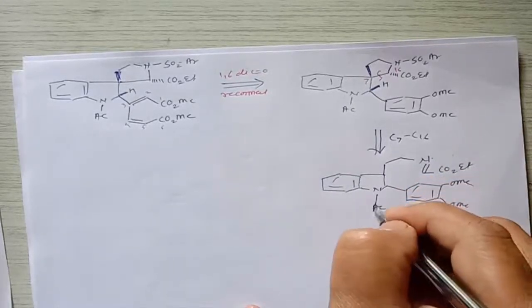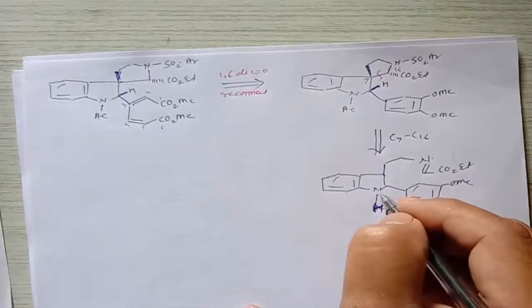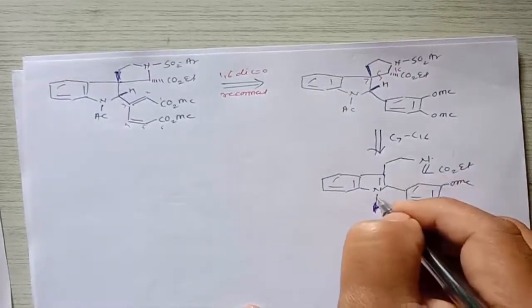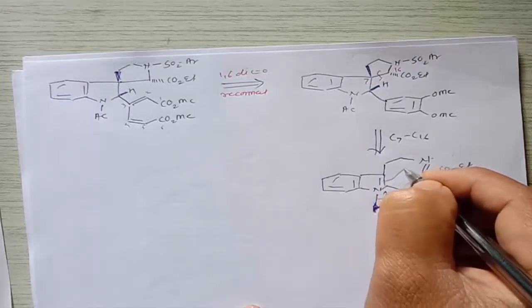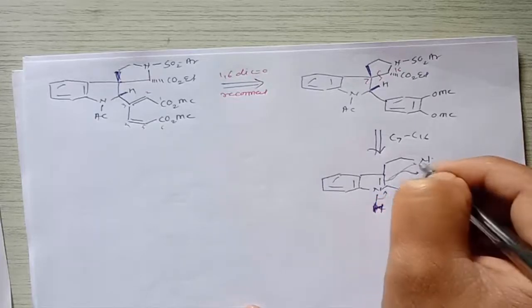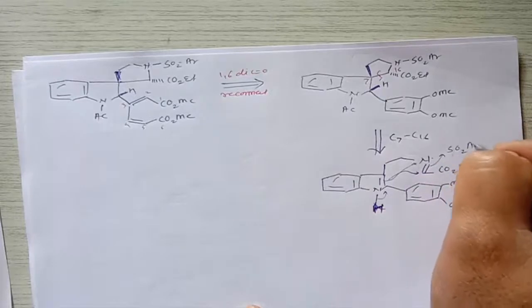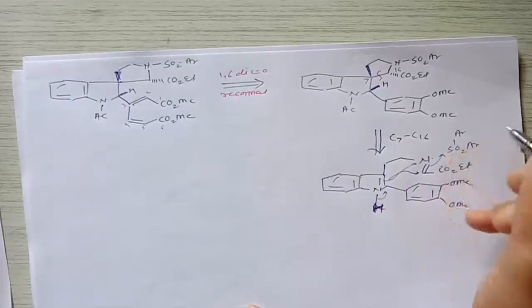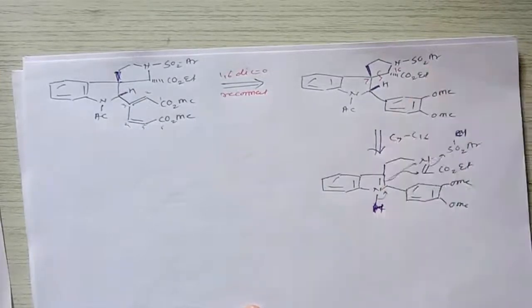So that means if we go for the reaction, this hydrogen bond will shift here, then this bond will attack on this carbon, and then it will attack on this SO2Ar, where Cl is there, and then we get this ring, right?